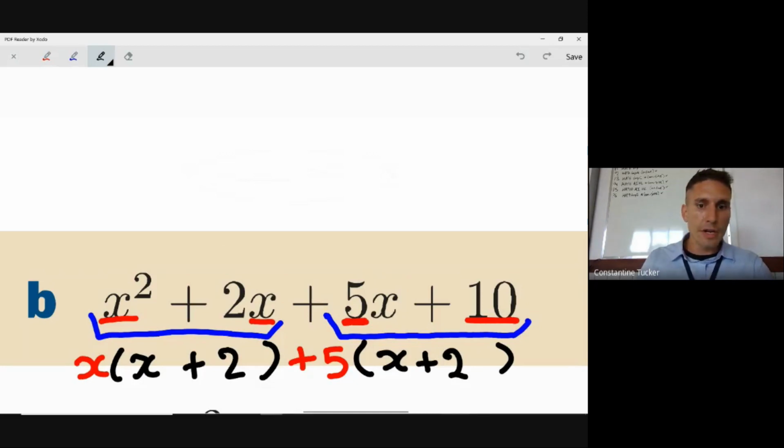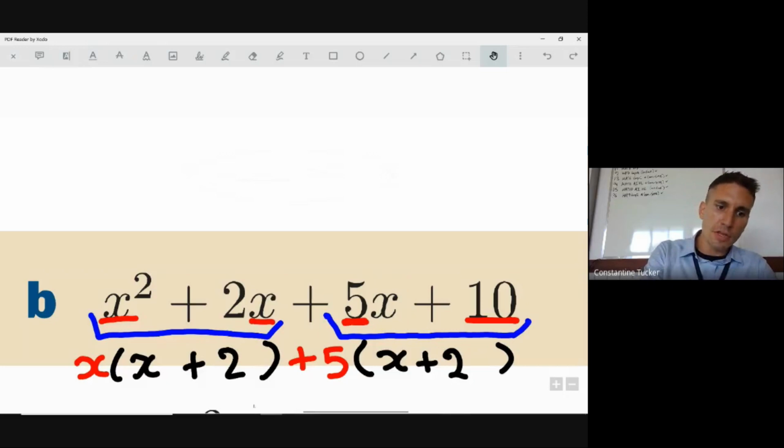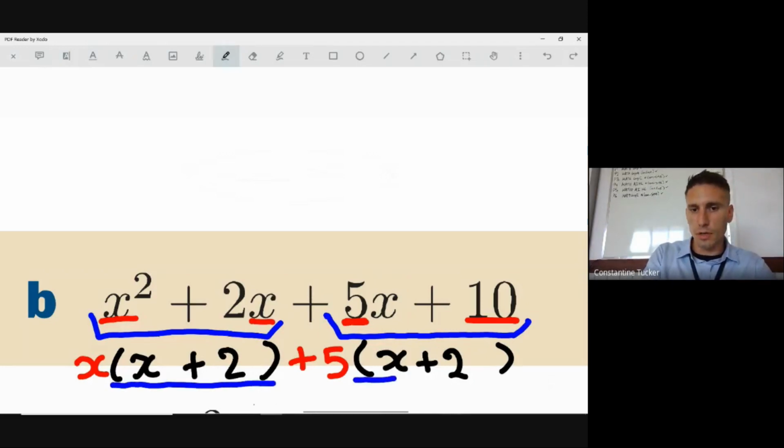So now we are ready to do one more stage of factorizing. This is a bit harder, so let's focus here. What appears exactly the same from the first part and the second part, that is before and after the plus? Well, that is this pair of brackets here, the x plus 2. So I'm going to underline it using blue ink.